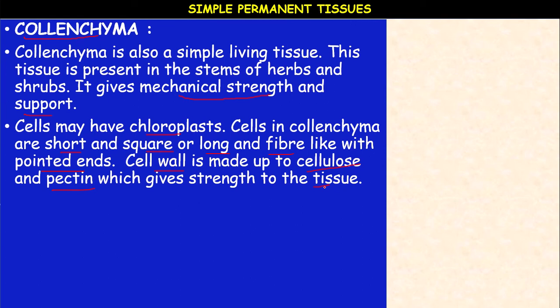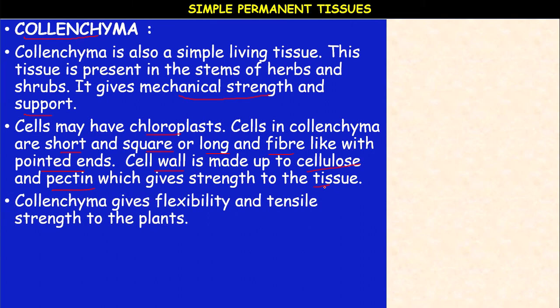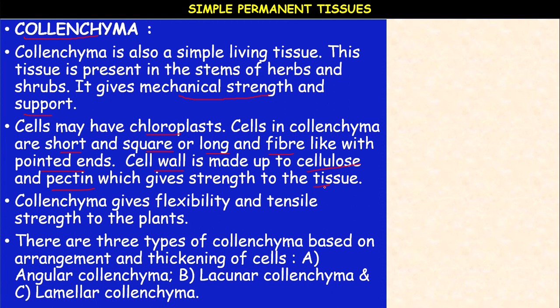These are the functions of collenchyma. The collenchyma gives flexibility and tensile strength to the plant. There are three types of collenchyma based on the arrangement of the cells and the thickenings of the cells in the tissue. What are the three types of collenchyma tissue? Angular collenchyma, lacunar collenchyma, and lamellar collenchyma.